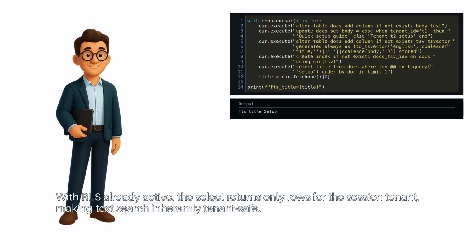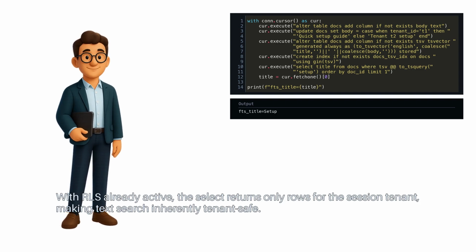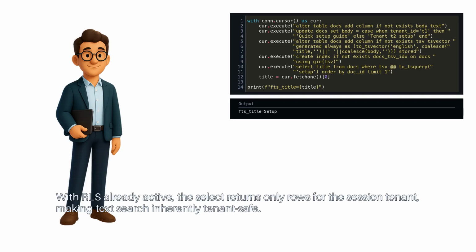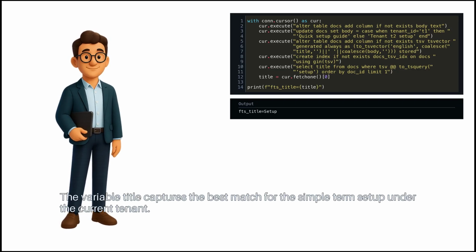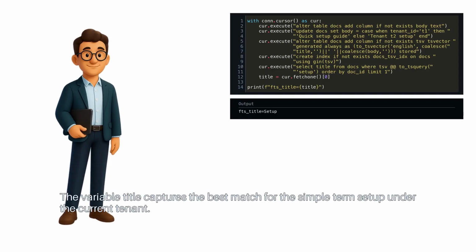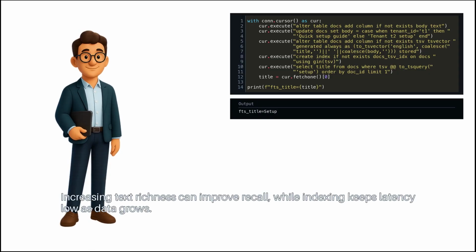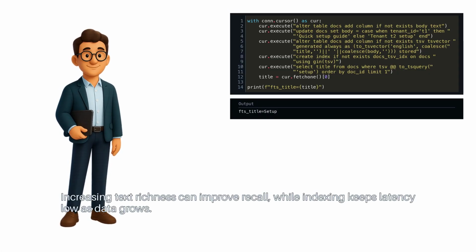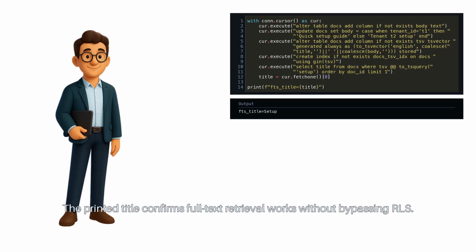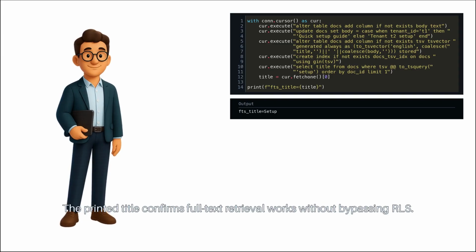With RLS already active, the select returns only rows for the session tenant, making text search inherently tenant-safe. The variable title captures the best match for the simple term setup under the current tenant. Increasing text richness can improve recall, while indexing keeps latency low as data grows. The printed title confirms full text retrieval works without bypassing RLS.